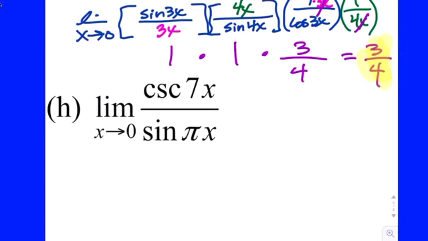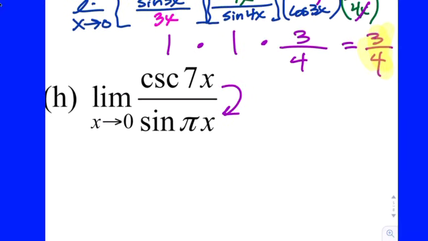What about the next one? Yeah, good question. When you plug in, you get cosecant is undefined over sine is 0. So let's do what we've been doing. You want to bring the cosecant to the bottom or the sine to the top? I'd probably bring the cosecant to the bottom, because we're a little bit more comfortable with sines. So we get the limit as x goes to 0.